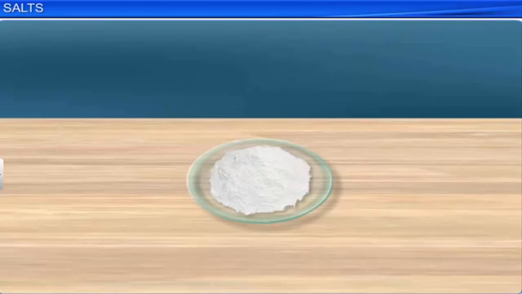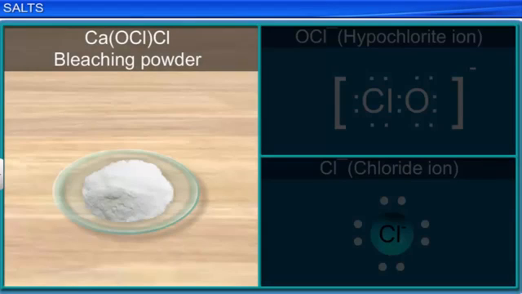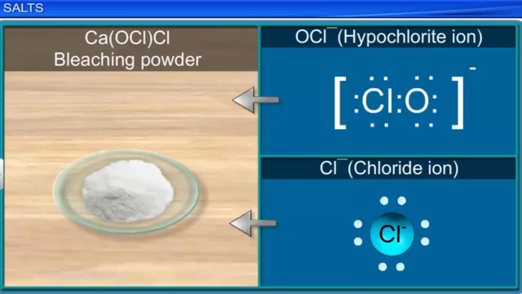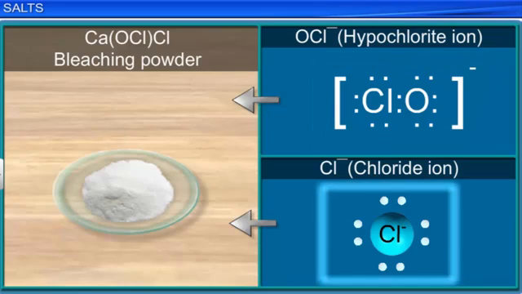Salts that contain 2 or more acidic or basic radicals other than that of a hydrogen ion or a hydroxide ion are called mixed salts. Bleaching powder or calcium chlorohypochlorite contains 2 acidic radicals, hypochlorite and chloride.